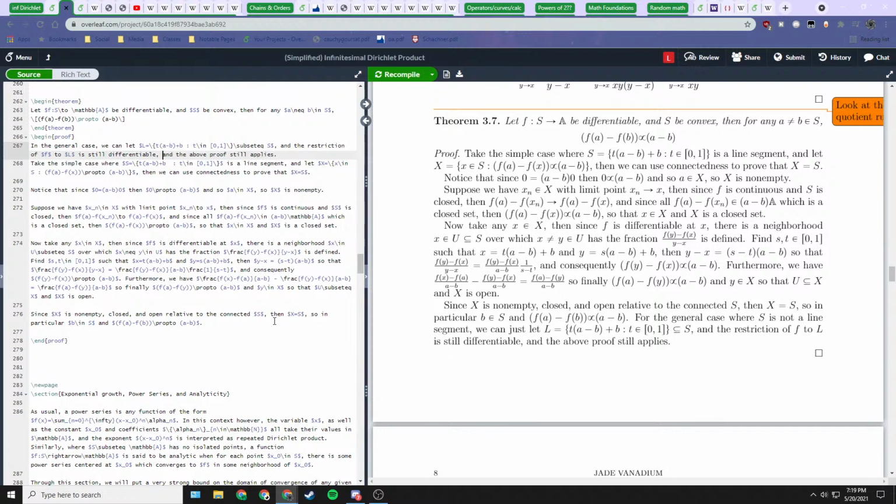So let L be this line segment, L a subset of S by convexity, and the restriction of F to L is still differentiable.